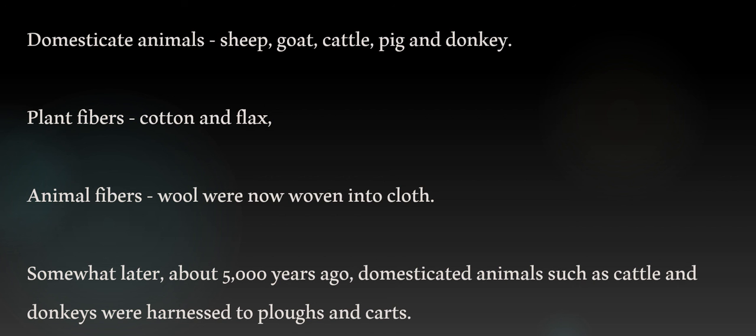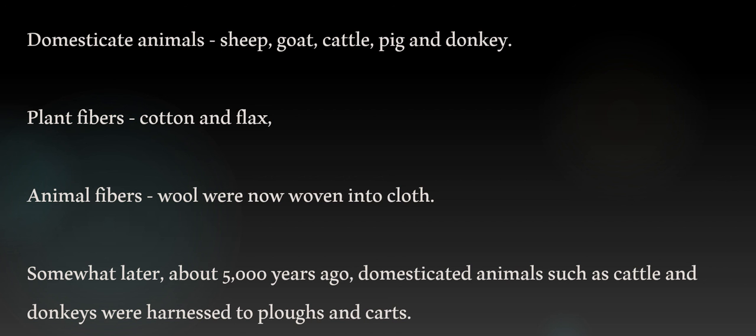They started domesticating animals like sheep, goat, cattle, pig, and donkey, and they started collecting fibers from plants like cotton or flax. And after domesticating animals, they also started getting animal fibers like wool, etc.